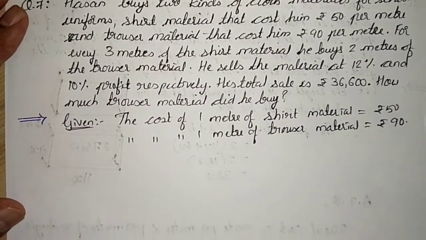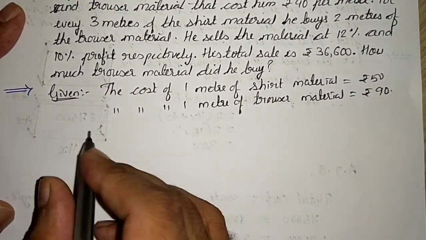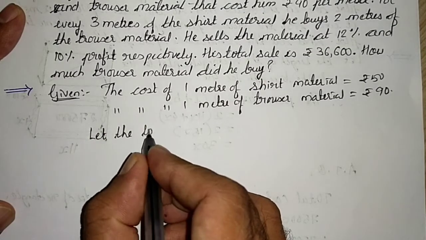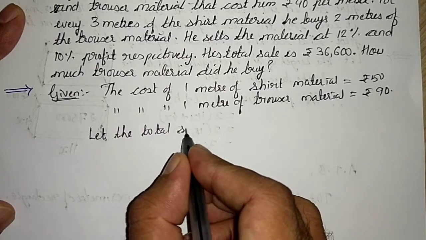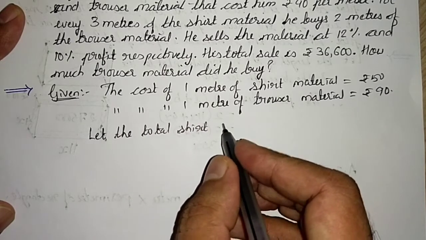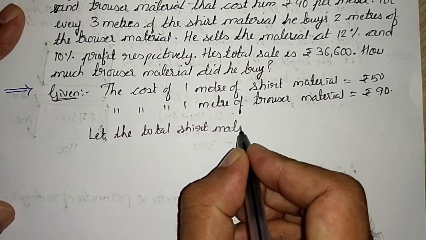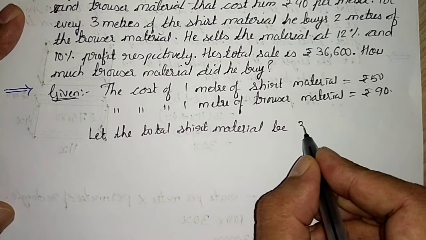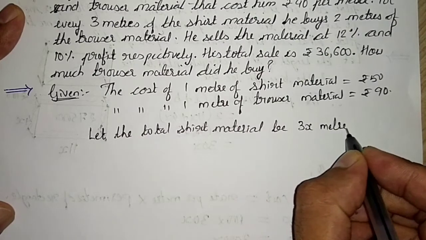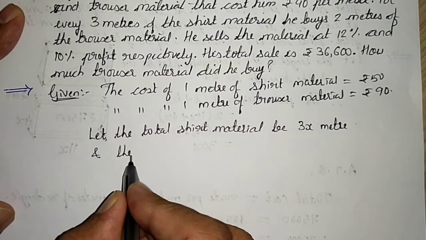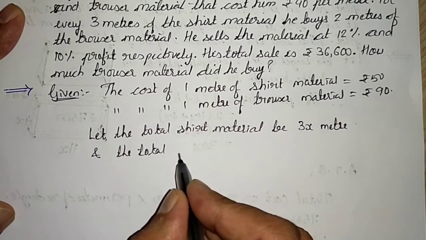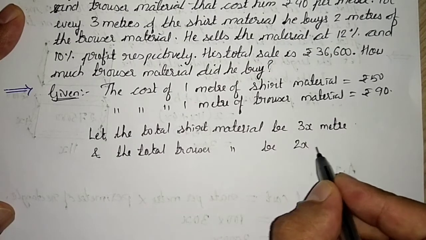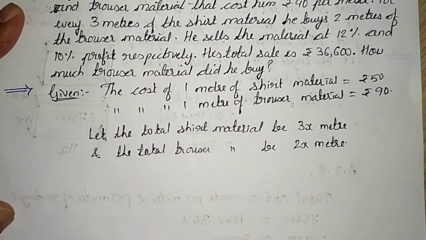So let me write, let the total shirt material, because they have given us shirt material first, be 3x meters and the total trouser material be 2x meters.